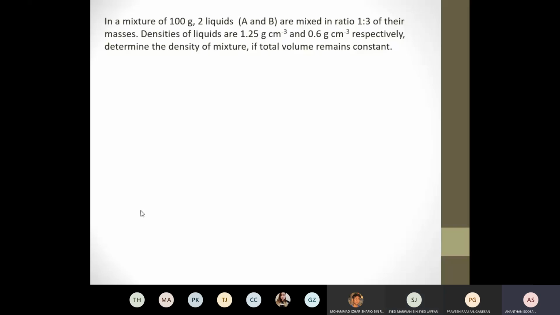That means 25 gram contributed by A, and 75 grams contributed by B. Anyone got the answer? Send to me.